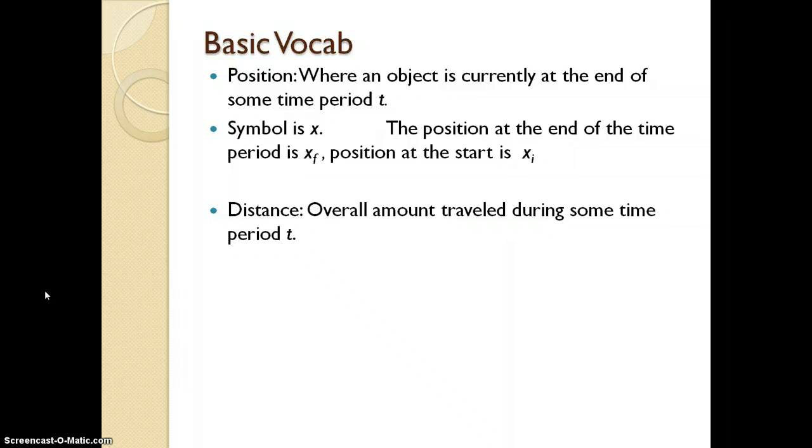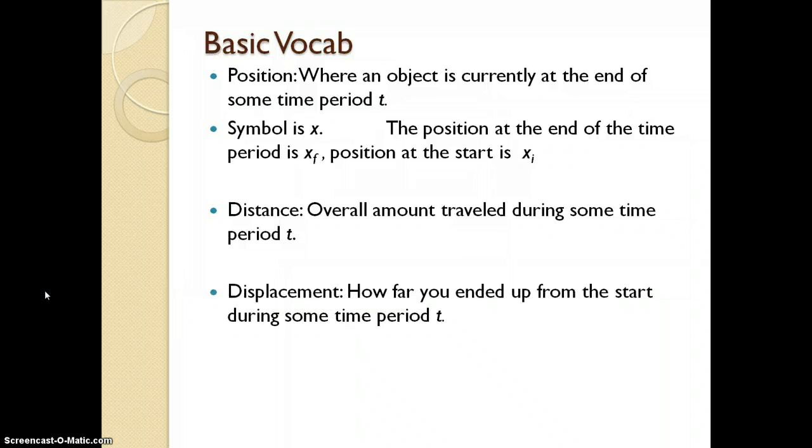Next up is distance. Distance is the overall amount traveled during that time period t. So in the above example, the person traveled from 100 to 250, so 150 meters is their distance. And the most important, the one you're going to be using constantly throughout the year, is displacement, which is how far you ended up from the start during time period t.